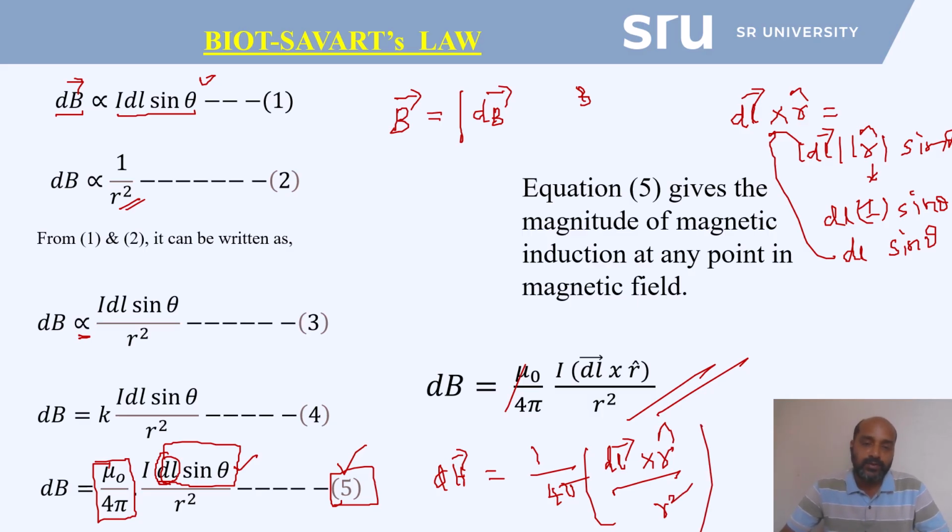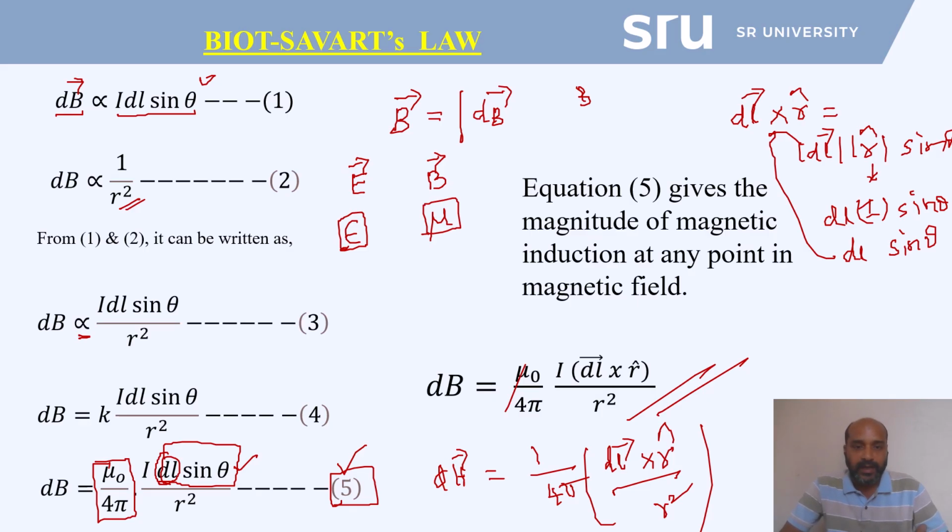And one more thing that you can observe, just for the sake of information. If you compare electrostatics and magnetostatics, the constant related to electrostatics is epsilon, I mean permittivity. The constant related to magnetostatics is mu, which is permeability. And if you see any equations in both electrostatics and magnetostatics, these two constants are generally reciprocal.